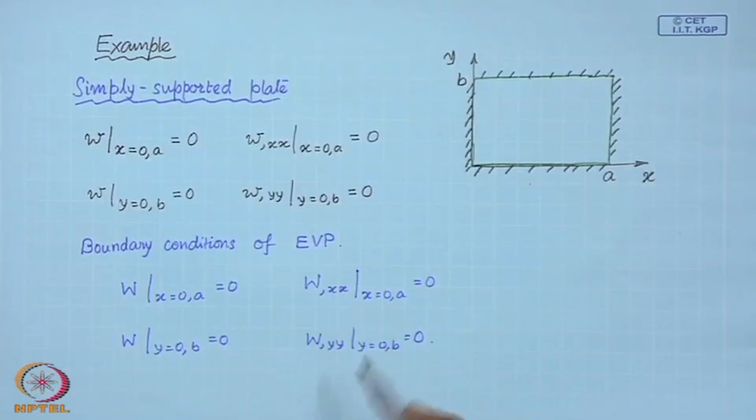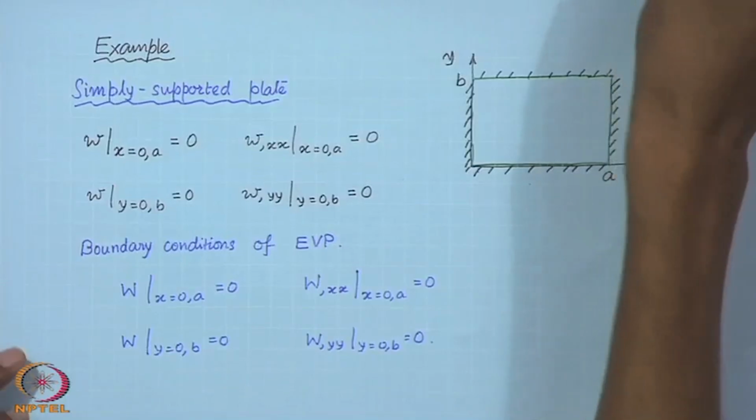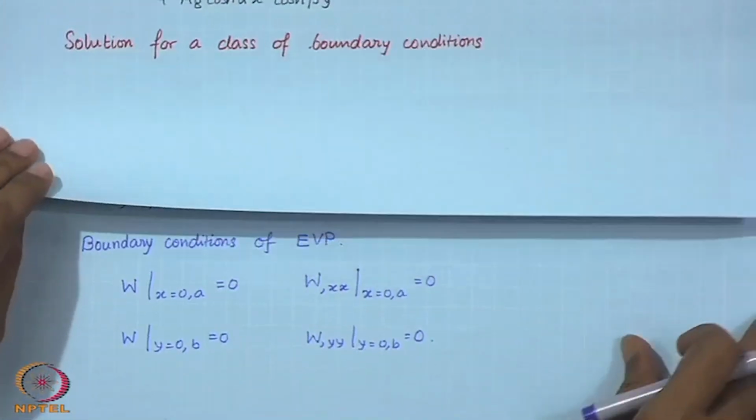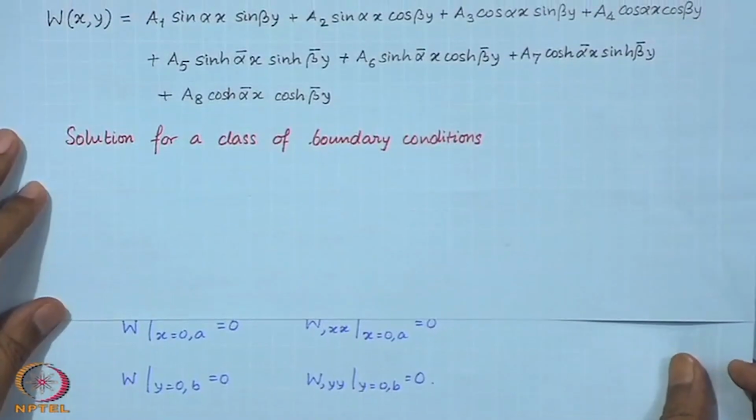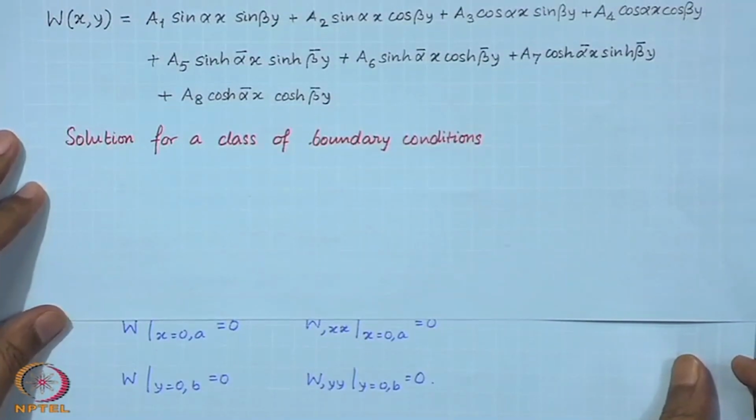So, these are the corresponding boundary conditions for the eigenvalue problem. Now, let us look at the solution and these boundary conditions.